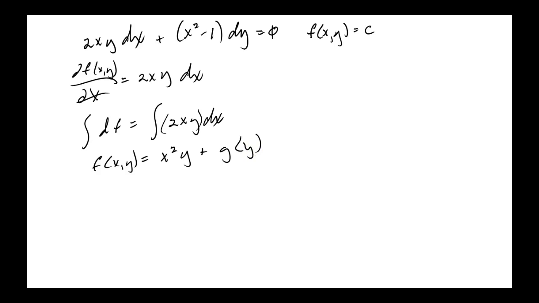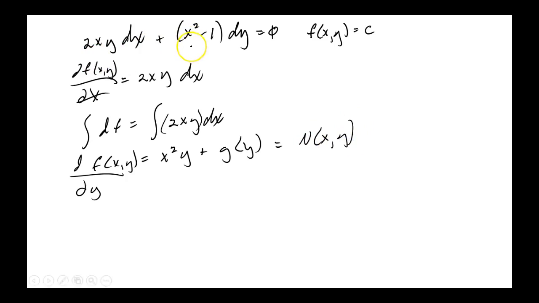Now, what do we do next? Take the partial of this with respect to y. Is that right? Am I skipping a step too soon? Yeah. And that, you know, is the partial of this f, which is this thing here, is N of xy.